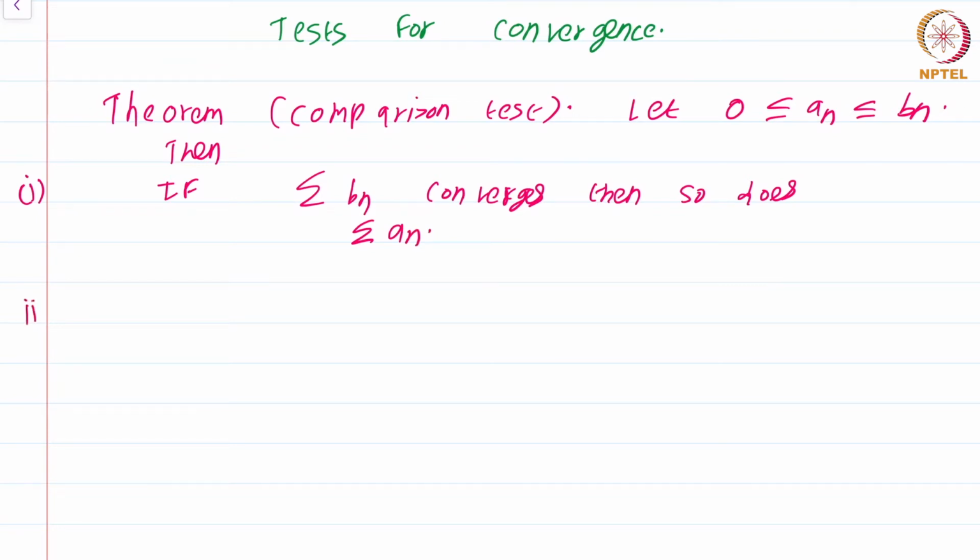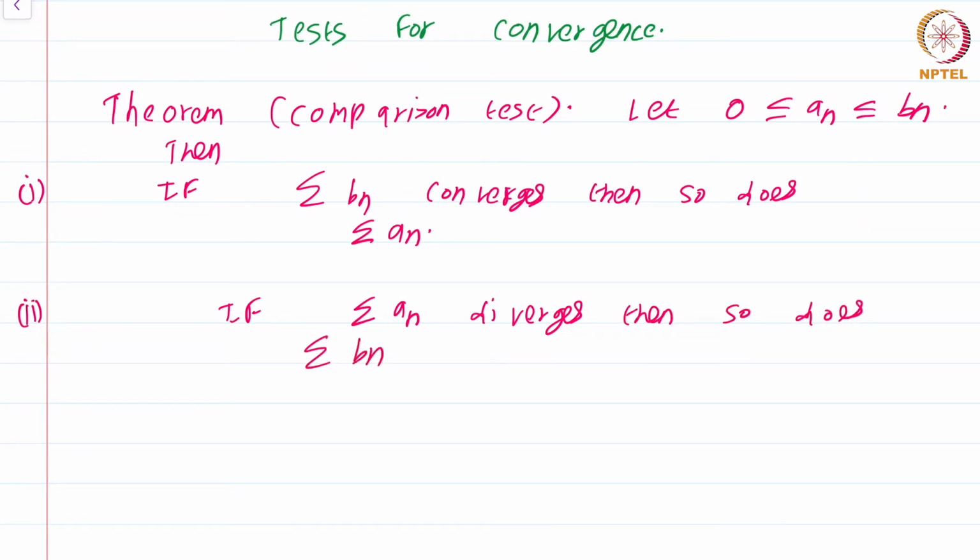Part 2, if summation a_n diverges, then so does summation b_n. The proof of part 2 is fairly easy, so I will just prove part 1.